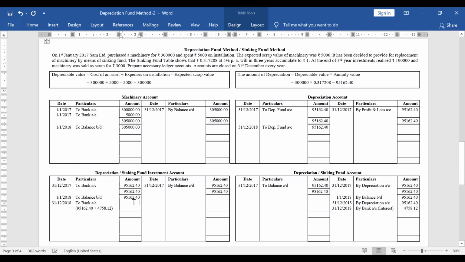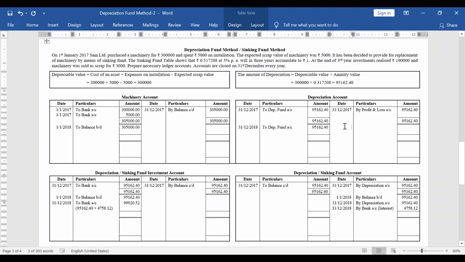So total amount invested in this case is 99,920.52. The entry for the same is depreciation fund investment account debit to bank account. The amount invested is equal to the amount of depreciation plus the interest received for the year.